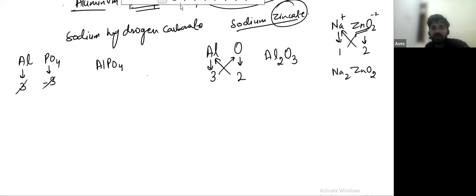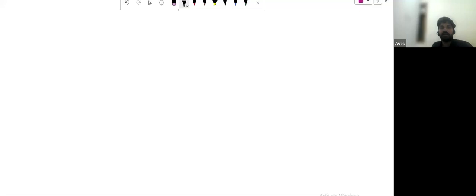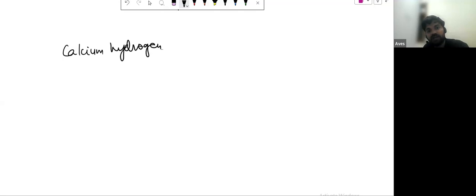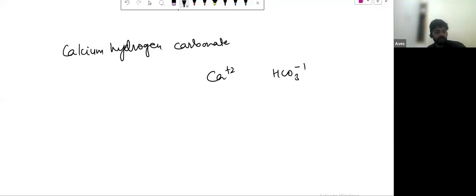If I give you the valency chart, find out the formula of calcium hydrogen carbonate. If the valency of calcium is +2 and that of hydrogen carbonate is -1, tell me what should be the formula of calcium hydrogen carbonate? Tell me fast.